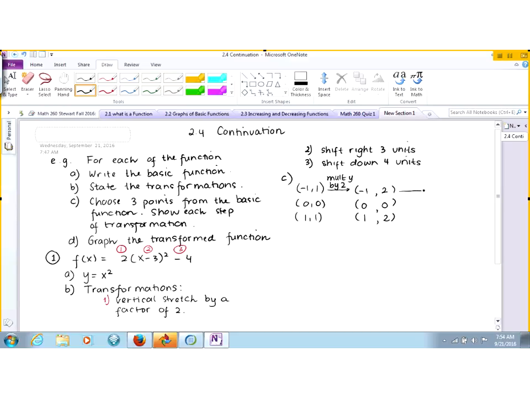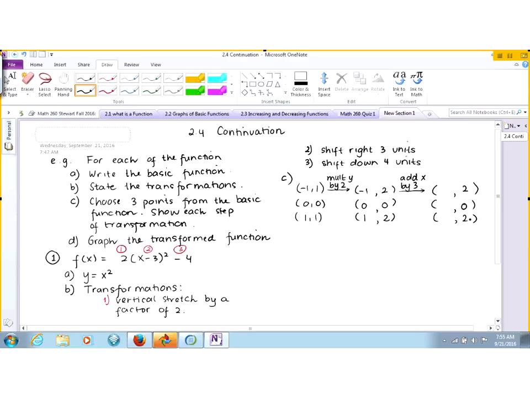Okay. Now, shift right 3 units. When you're shifting right, what do you actually do? Add 3 to x. How about the y? At this point, it stays the same.